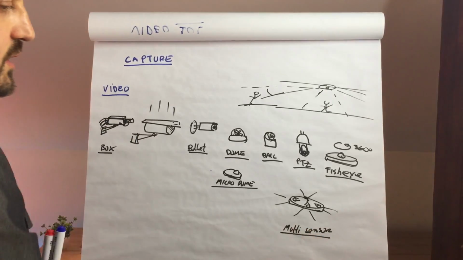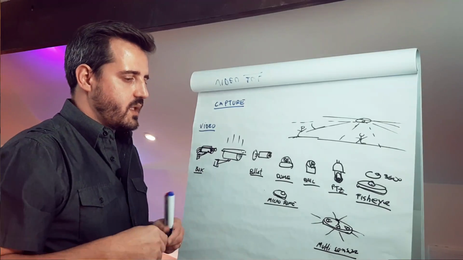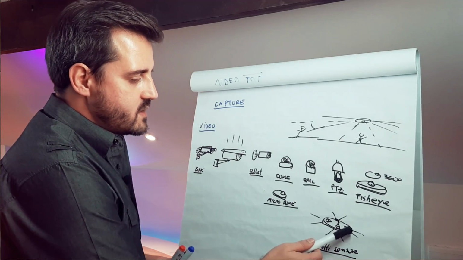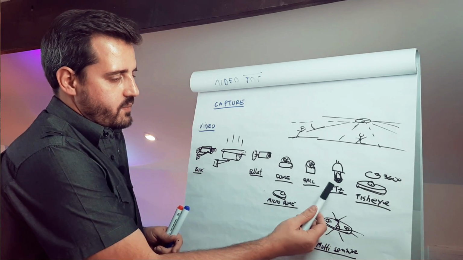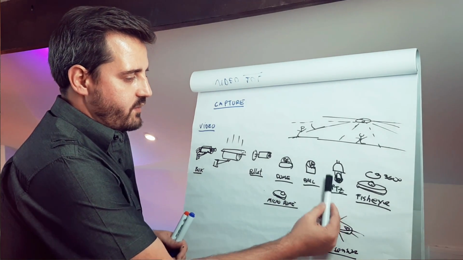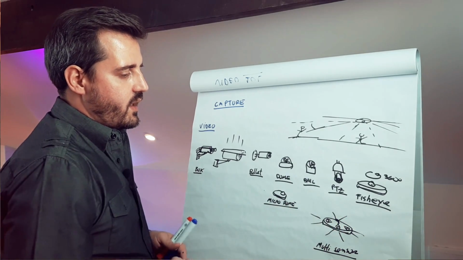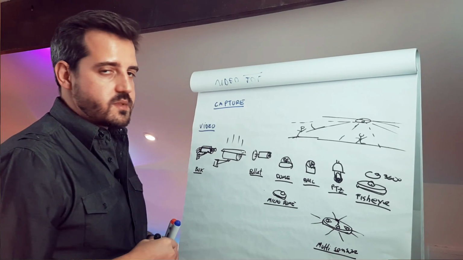So this multi-sensor camera means that you have more than one image sensor capturing the scene. And this is very helpful because, for example, let's take the PTZ. Some manufacturers created a PTZ with the PTZ in the base, in the lower area, doing the PTZ commands that we know.